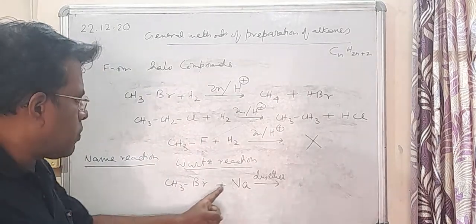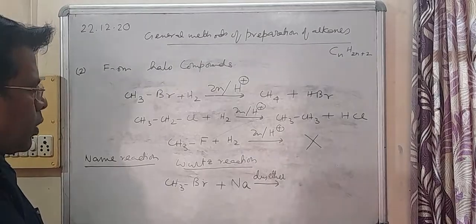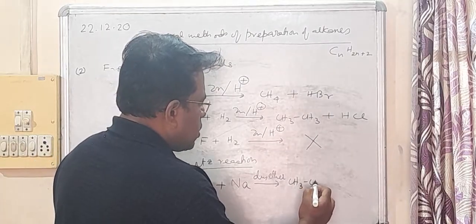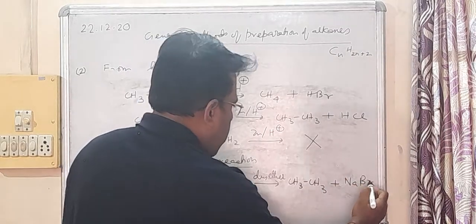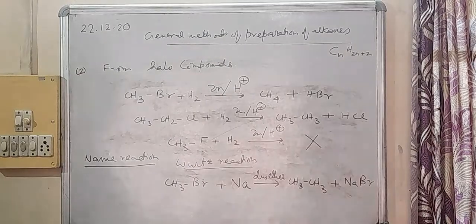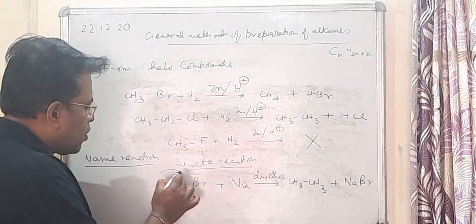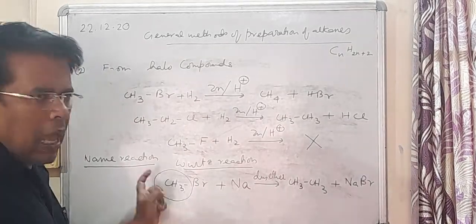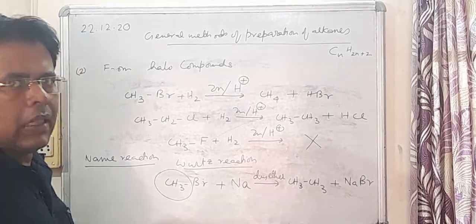Halo compound is treated with sodium in presence of dry ether, and we get this one, CH3CH3 plus NaBr. What happens in this reaction is this fragment joins with another fragment of alkyl group, and we get alkane.